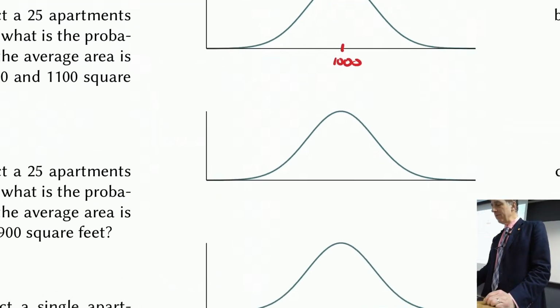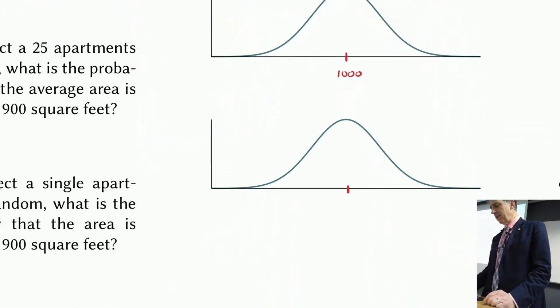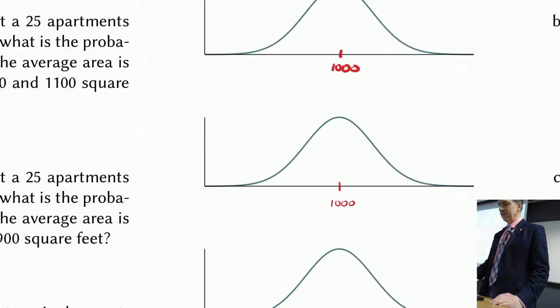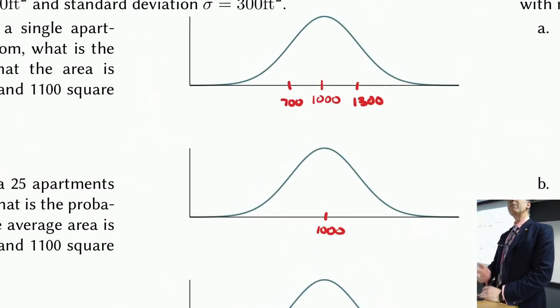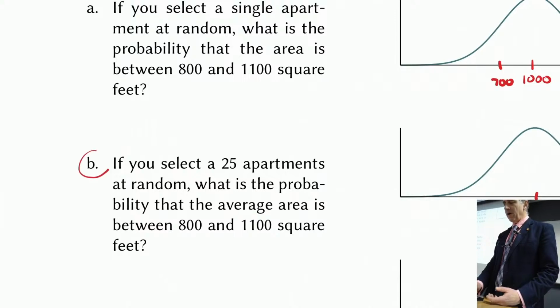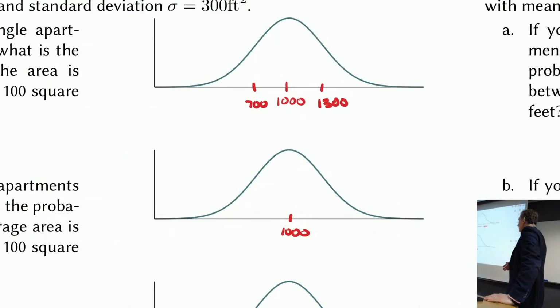And the most important label that you're going to put on these curves is that mean. So if you don't want to write everything down, you could always just put 1,000 in the middle of each one of those. Because even if we're applying the central limit theorem as we are with letter B, we're still going to have a mean of 1,000.